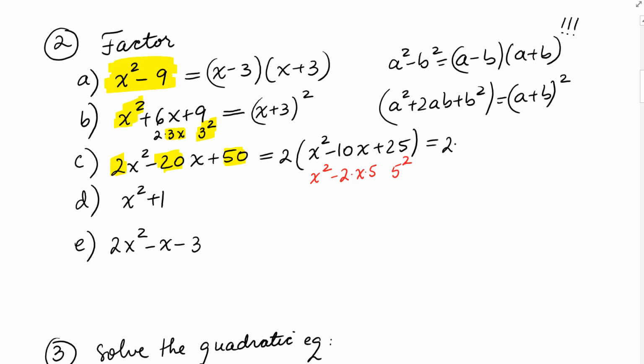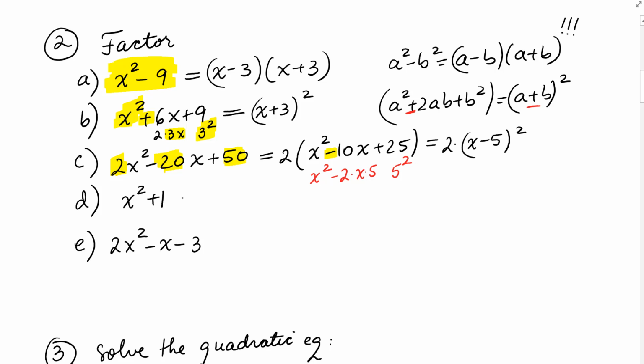So we get 2 times, and now again a perfect square trinomial, x minus 5 squared. So the difference between the b and c is that here we have minus and here we had plus. So the only change is that if it's minus 2ab, then it would be a minus b squared.